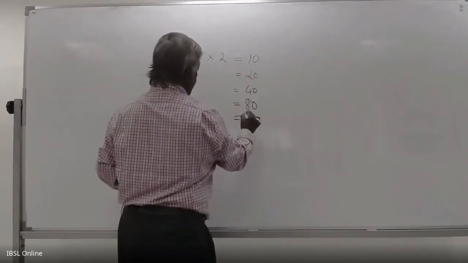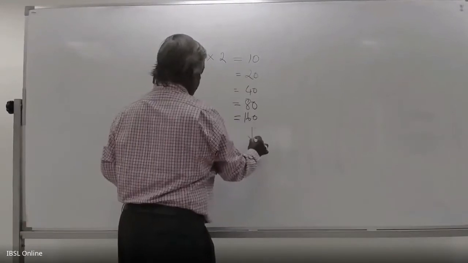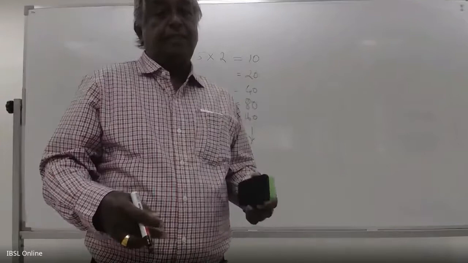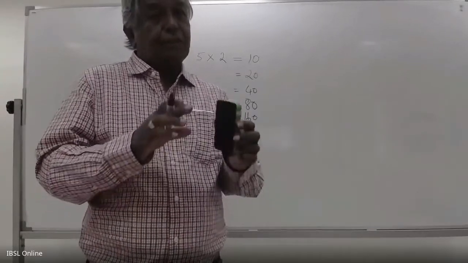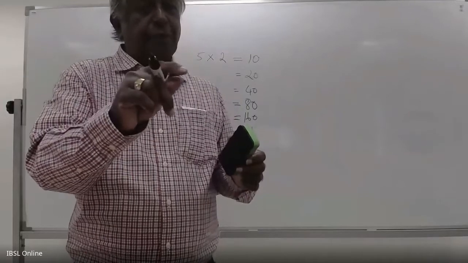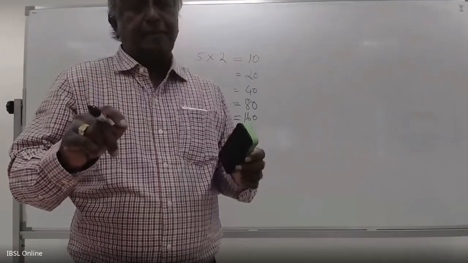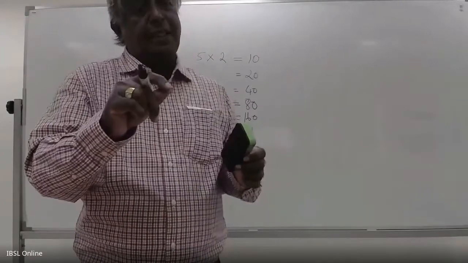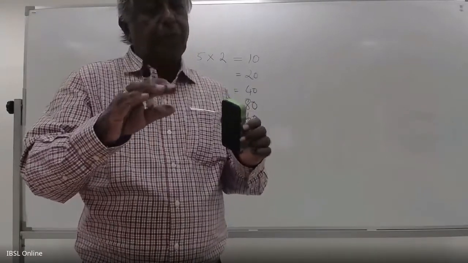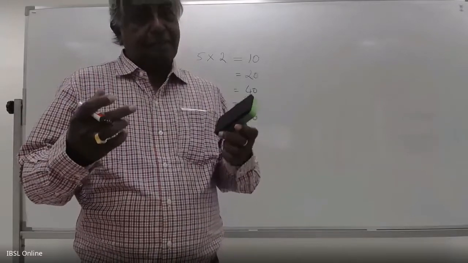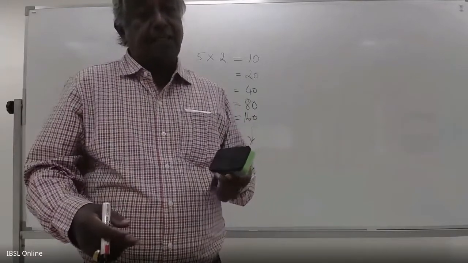Again, 160. It goes on like that. So in a simple calculator there are such factors. First you must find out whether the answer gets multiplied by the first input or the second input. If you find that out, you can use it for our calculations. This is the facility we have in the simple calculator.